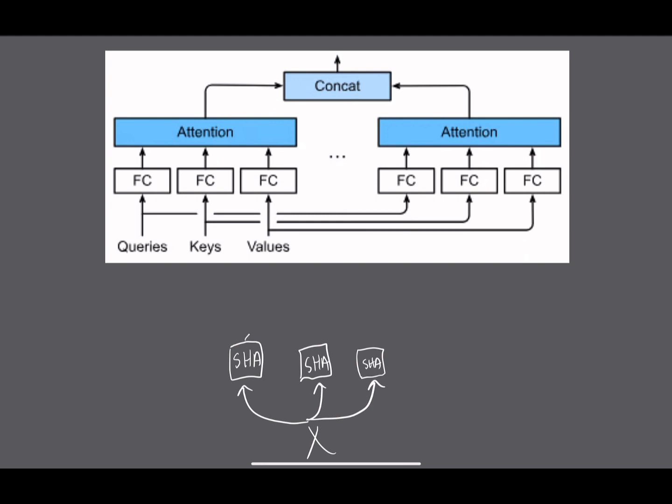Then we'll concatenate the outputs of each head together. Each head of self-attention, each of these boxes, was able to operate independently and process x and obtain a different output, right? Because if they're separate instances, they have different weights.